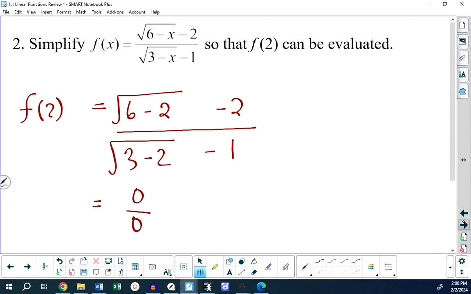Are you with me on that? That 6 minus 2 is 4, root 4 is 2, 2 minus 2 is 0. 3 minus 2 is 1, root 1 is 1, 1 minus 1 is 0. But what that's telling you is that somehow inside of the numerator is a factor of x minus 2.